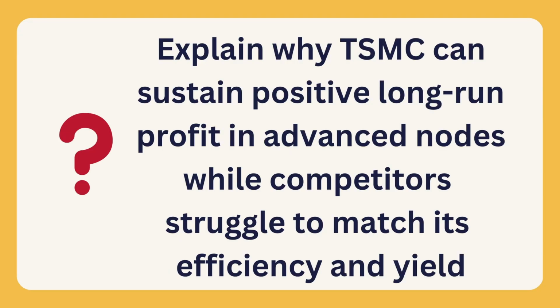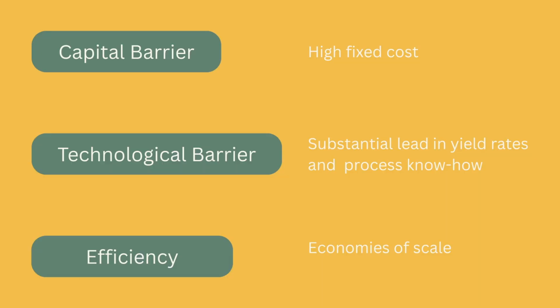Explain why TSMC can sustain positive long-run profit in advanced nodes, while competitors struggle to match its efficiency and yield. Because of the extremely high barriers to entry and efficiency. First is capital barrier. Competitors need tens of billions of dollars just to build a comparable fab.